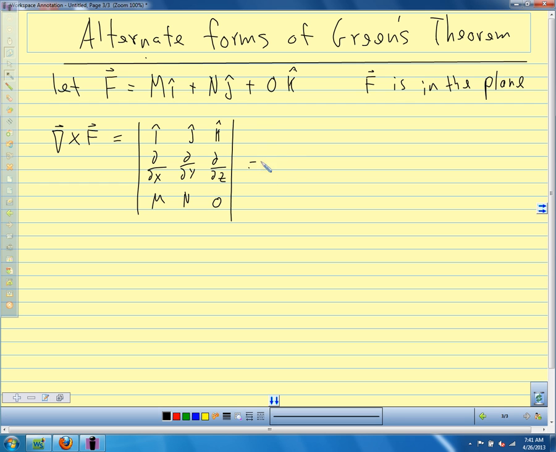If we form this cross product, we get minus the partial of n with respect to z, i hat, plus the partial of m with respect to z, j hat, plus this quantity.